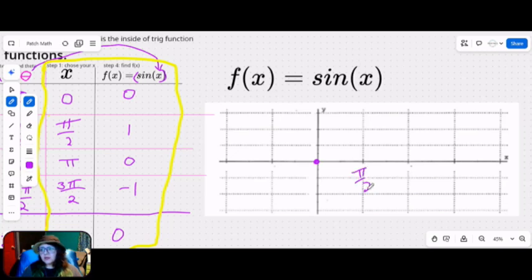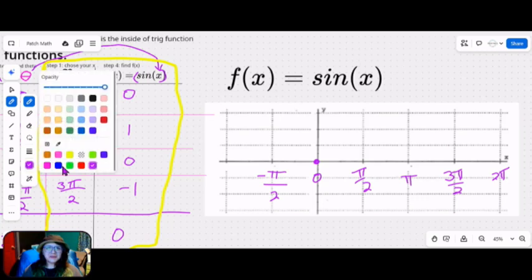And that is because that gives us the most important information. Max, min, midline. All right, this is 0. Go ahead and put this negative pi over 2. Cool deal.